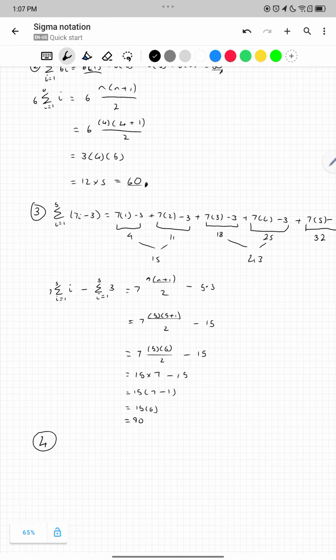And number 4, the sum from i equals 1 to 5 of i squared plus 4i.